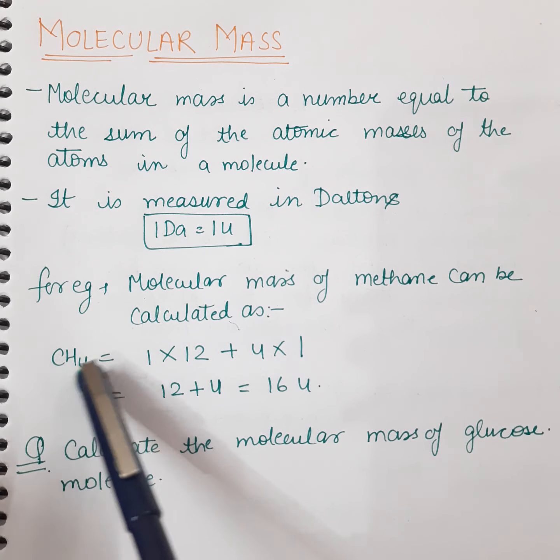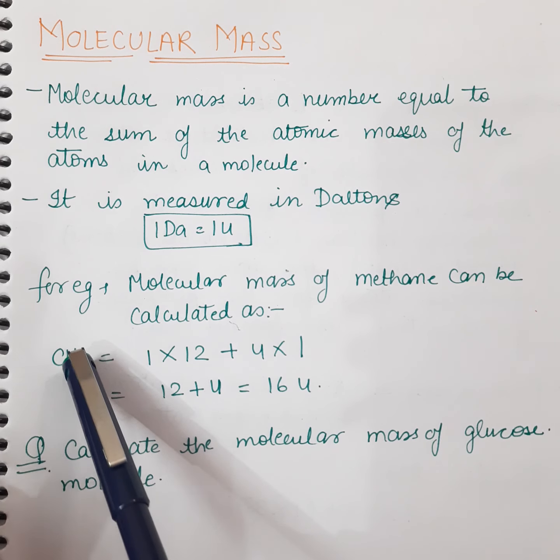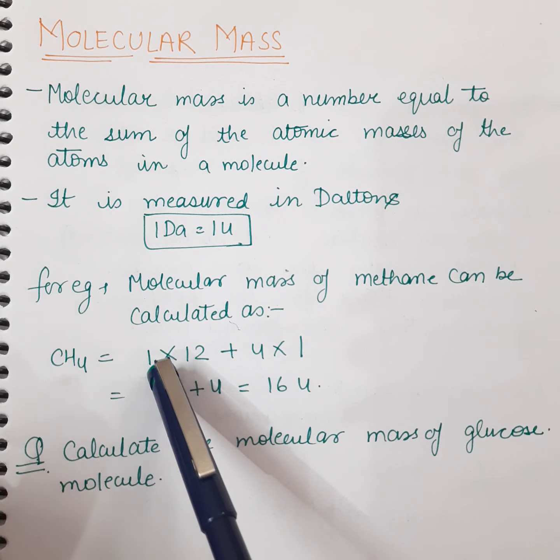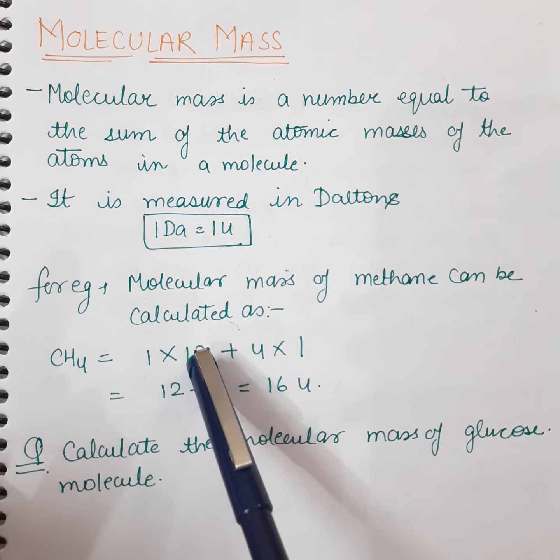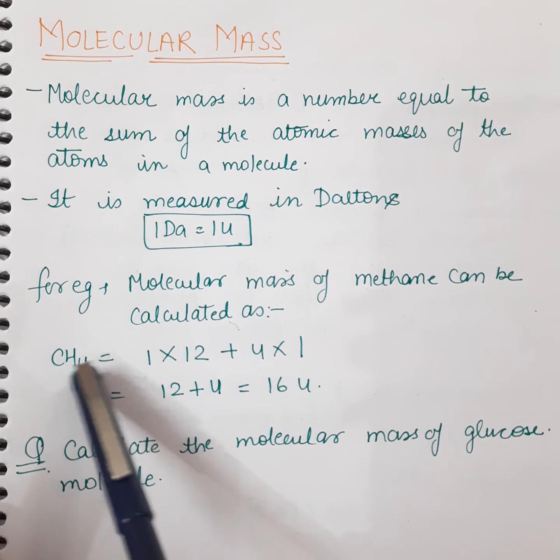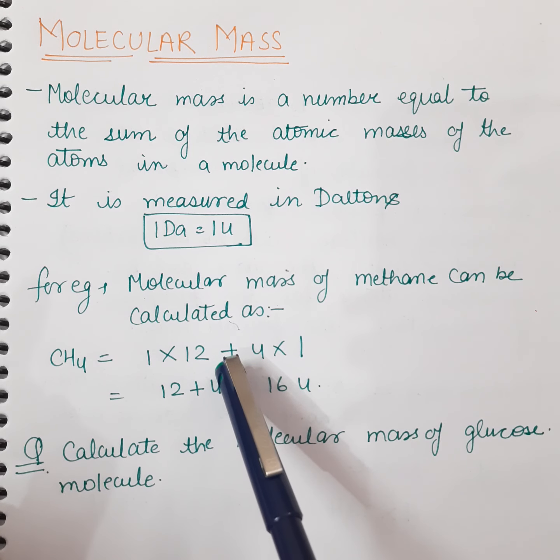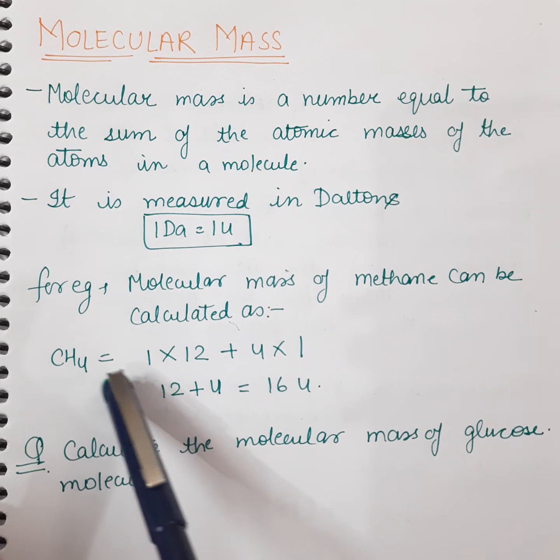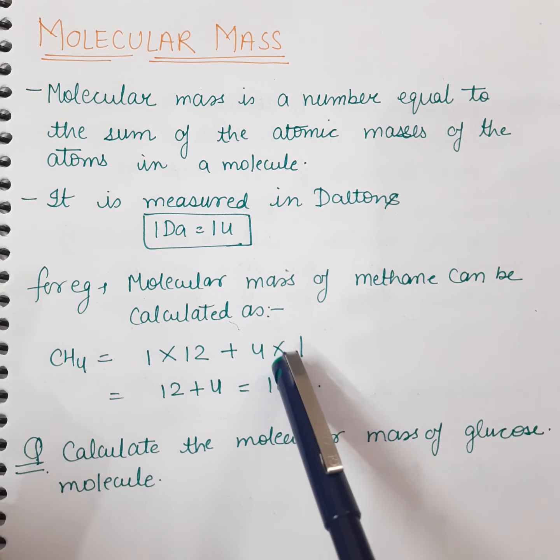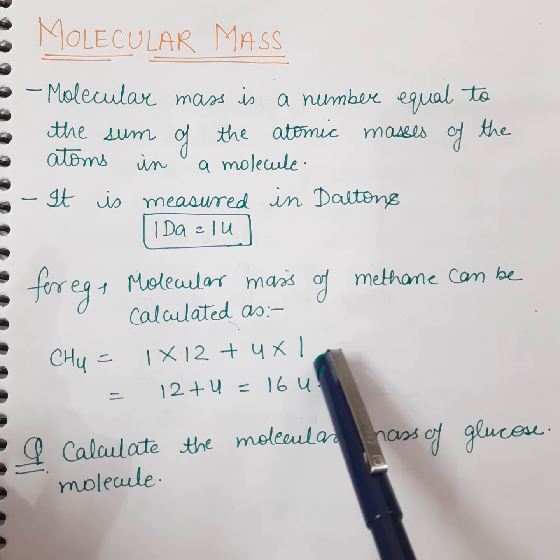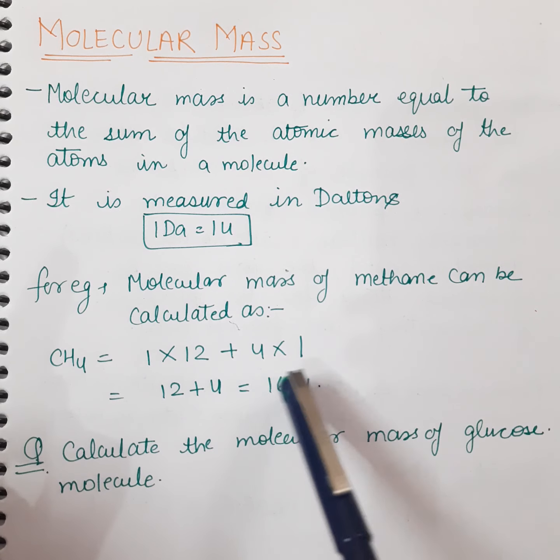What is 1 here? The number of atoms; carbon is only 1 over here, so I write 1 here, and it is multiplied with the atomic mass, so 1 into 12. Then, to add, I put a plus. After that, how many atoms of hydrogen are there? 4 into atomic mass, that is 1. Once you calculate, you get 16, and what is the unit?